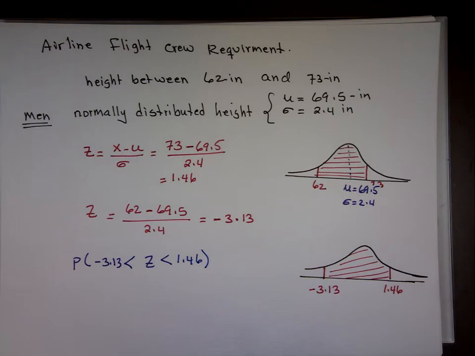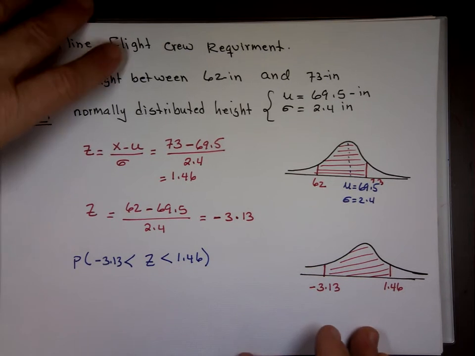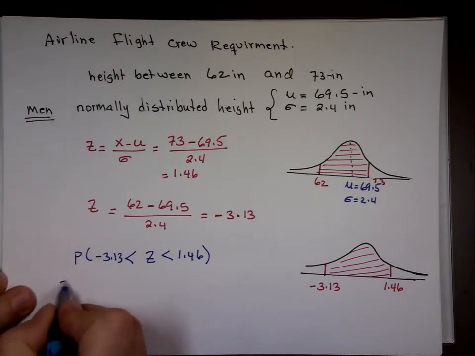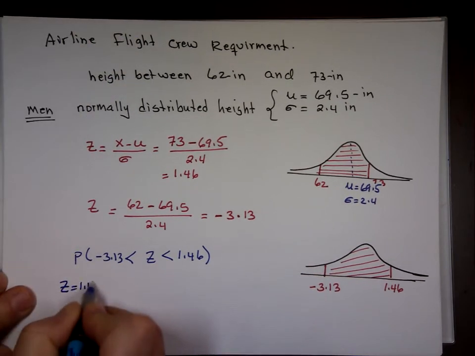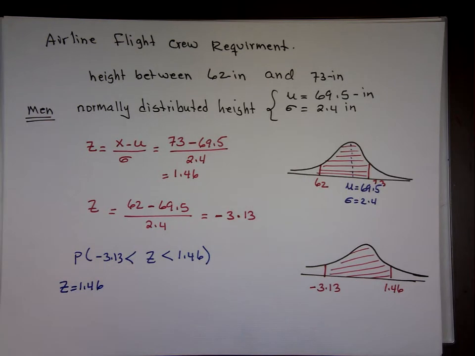Now go to your positive z-score table and look for z equals 1.46.